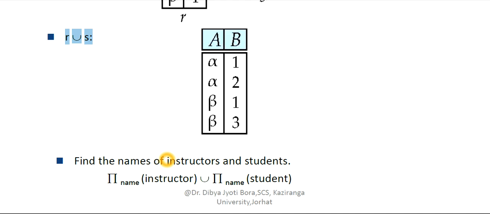If an attribute is focused, you have to know that the pi operator is used. So pi name of instructor union pi name of student. That's how we can find the names of instructors and students. So analyze it. Because you already have the instructor table and the student table, at least try to find their union.